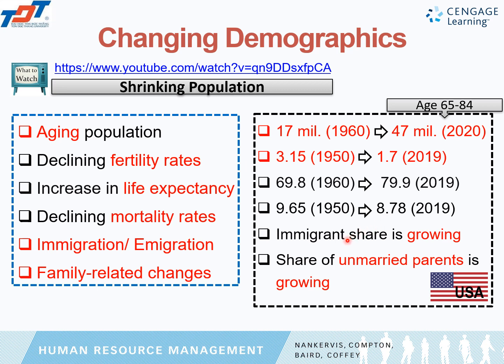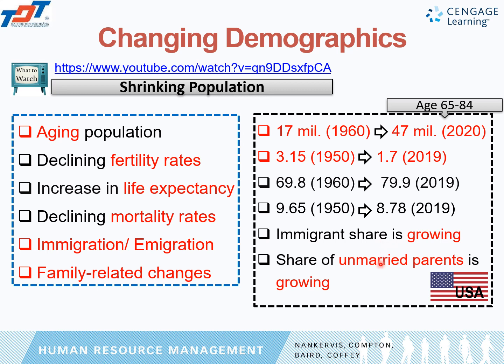Particular to the United States is the immigrant share growing, which means that, as I already explained, people who are not natives to the United States or do not have a citizenship are actually moving into the country, most of the time attracted by better living conditions.